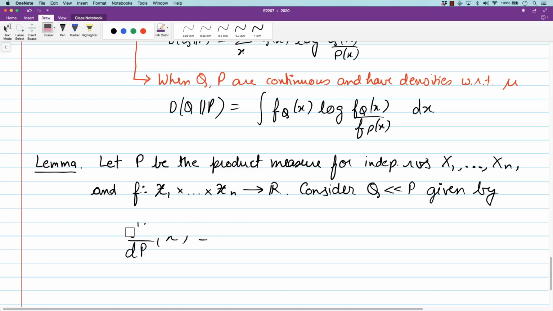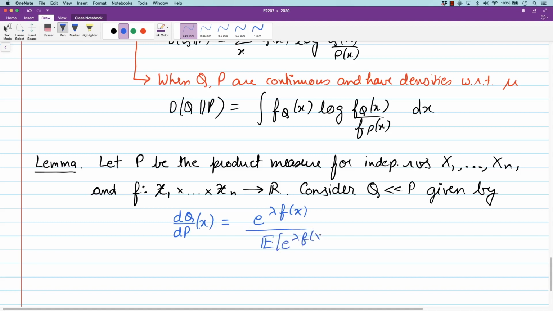Suppose this density, dQ by dP of x, is e to the power lambda f of x, this whole vector x, with respect to P.